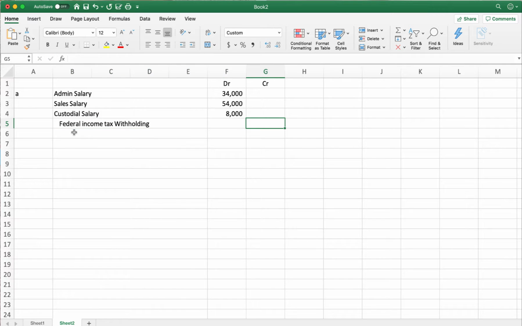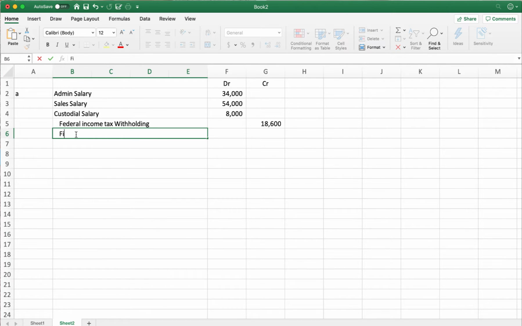Okay. Now, they gave us a straight amount. They told us the amount was $18,600. That's our credit, okay? The next thing we need to withhold is our FICA, right? So our FICA is going to be calculated as we're going to do it all as one, okay?